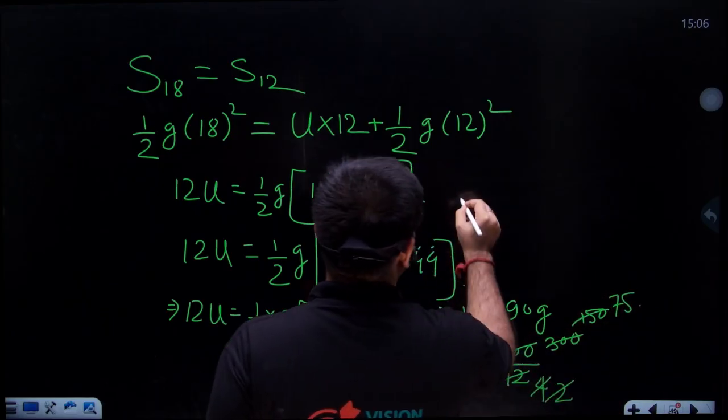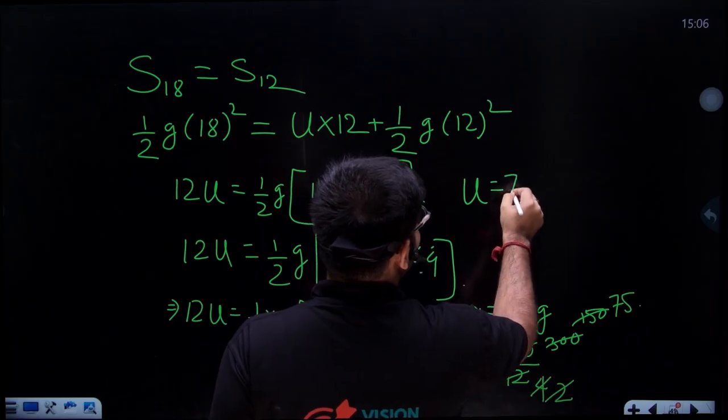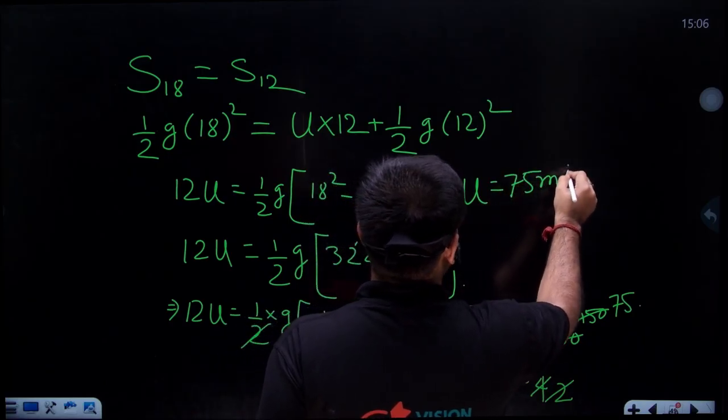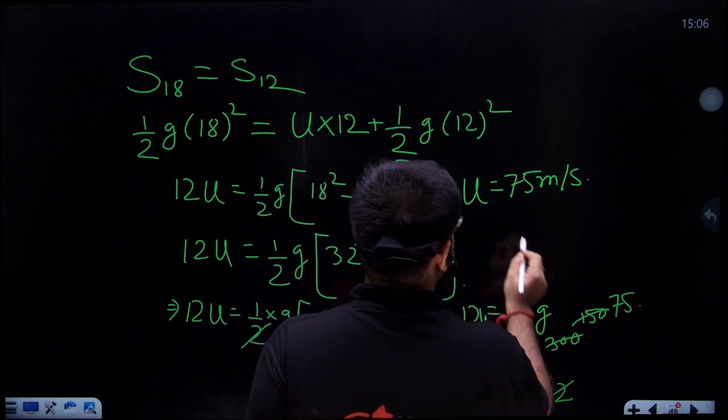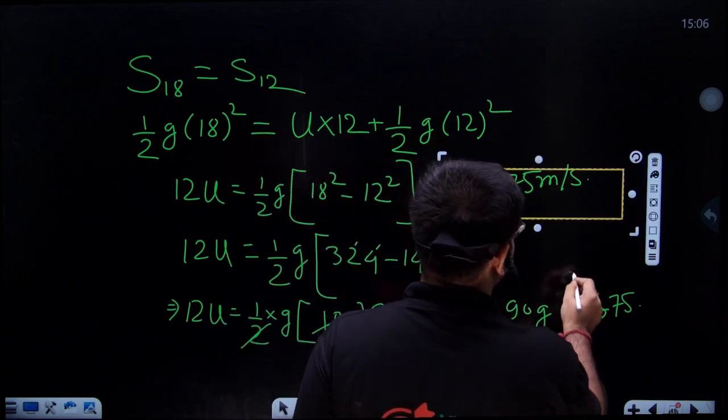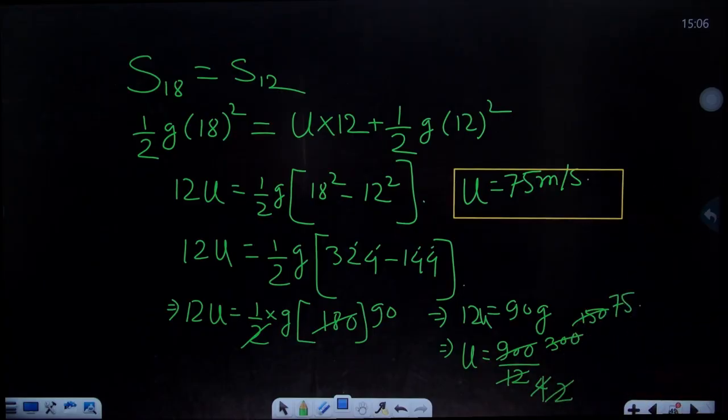So your u value is going to be 75 meter per second. That means u, the initial velocity for my ball 2, is 75 meter per second.